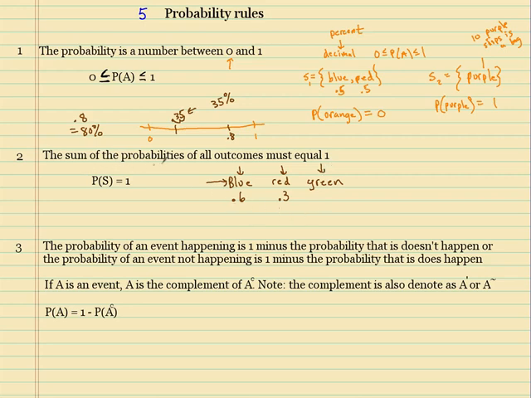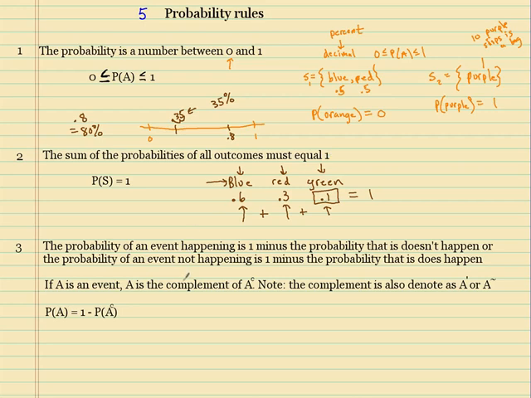So the sum of the probabilities of all outcomes must equal 1. That tells us that this one here must be 0.1, because this outcome plus this outcome plus this outcome must equal 1. So that's the sum of all probabilities must equal 1.